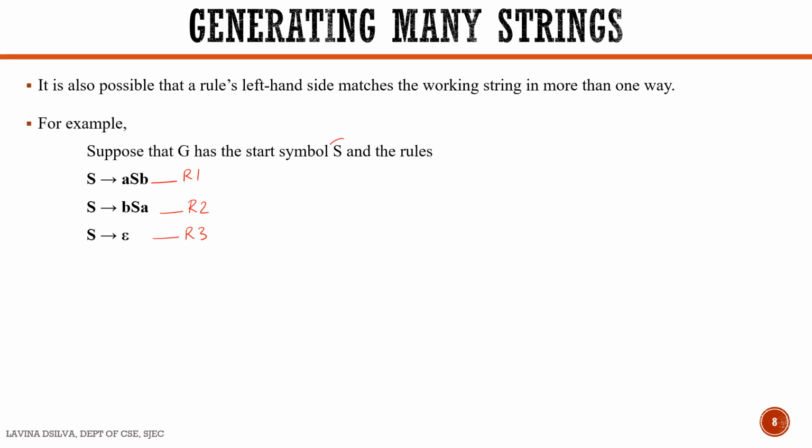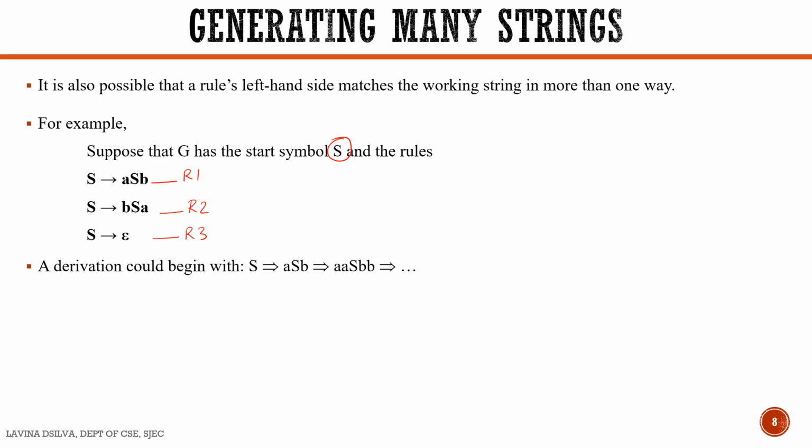And it is specified that S is the start symbol. So we start the derivation with the symbol S. Here it does not make a difference because there is only one non-terminal in our 3 rules, so we do not find a huge difference even if the start symbol is not mentioned.